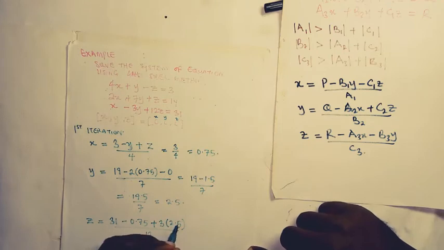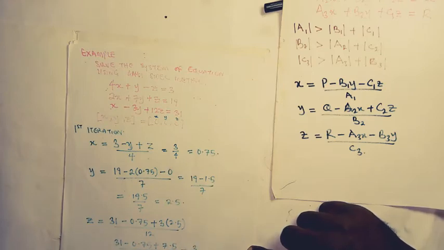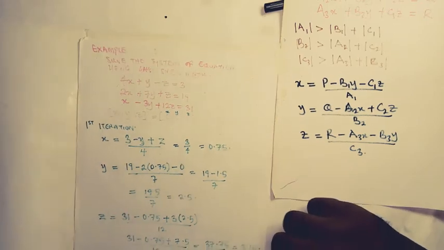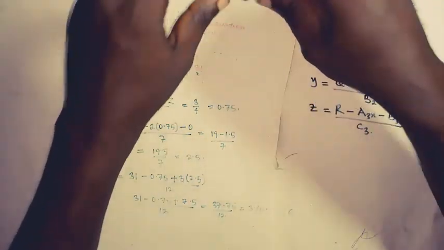This will give us 31 minus 0.75 plus 3 multiplied by 2.5, which is 7.5, divided by 12. When you sum all of this up, you have 37.75 divided by 12, and this will give us 3.15. So we have new values for our variables.